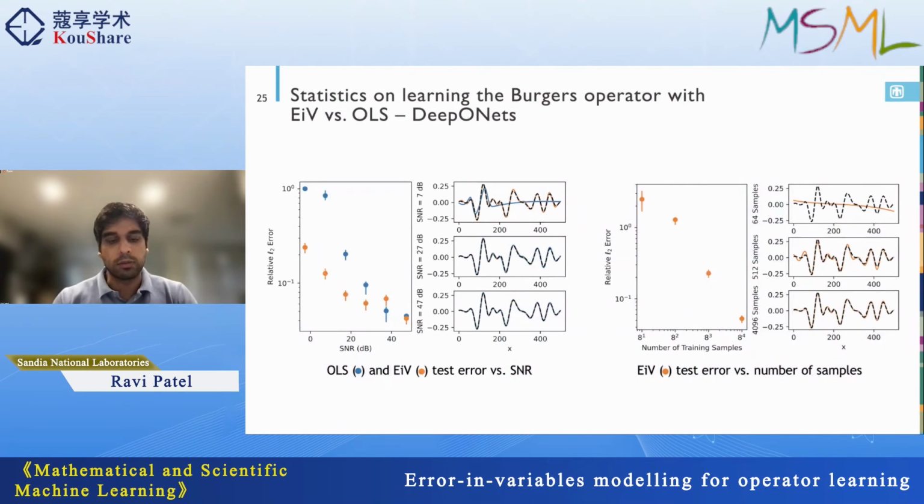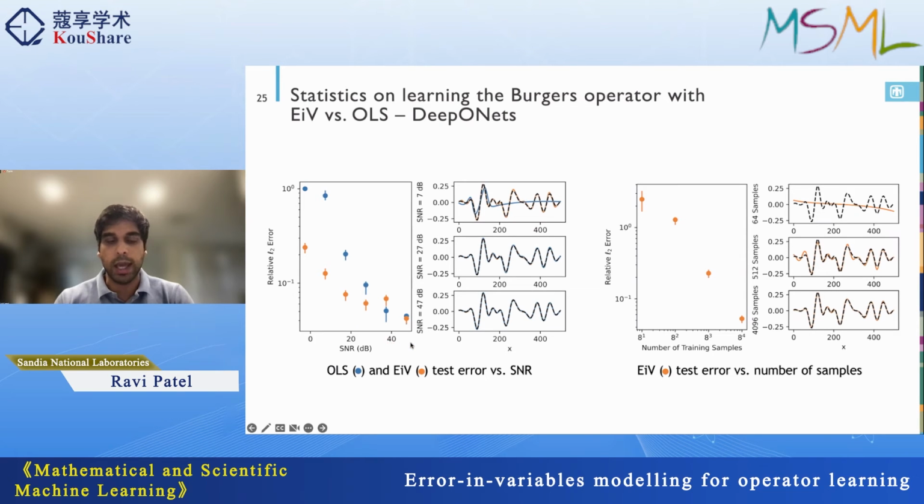Next, I'll share some statistics. On the left side, we compare ordinary least squares to errors-in-variables, looking at the relative L2 error on the test functions versus the data. For very low signal to noise ratios, our errors-in-variables model performs much better than ordinary least squares.